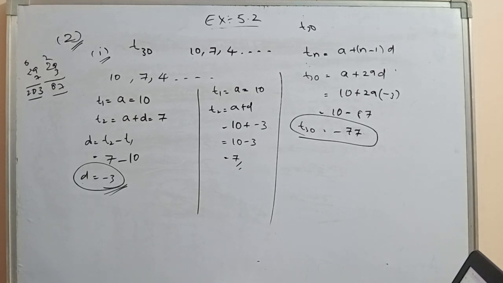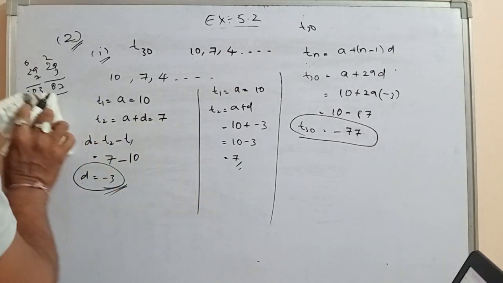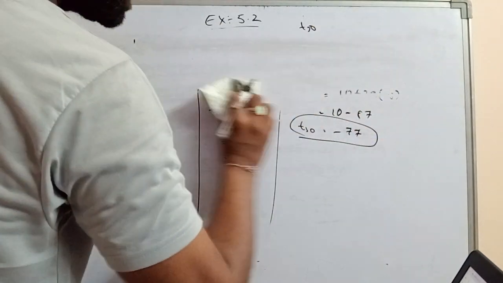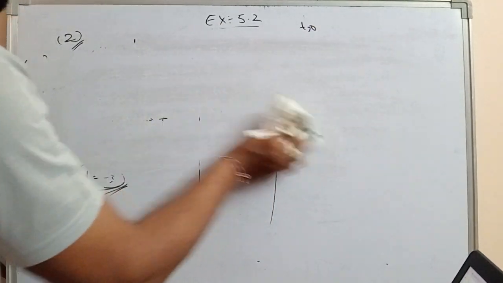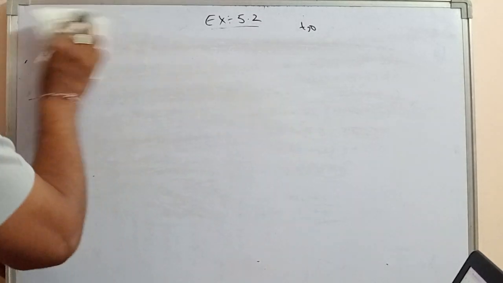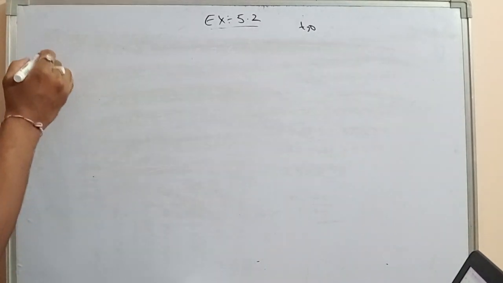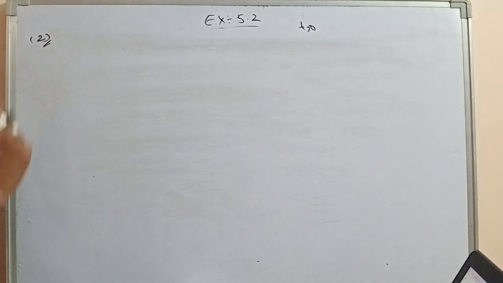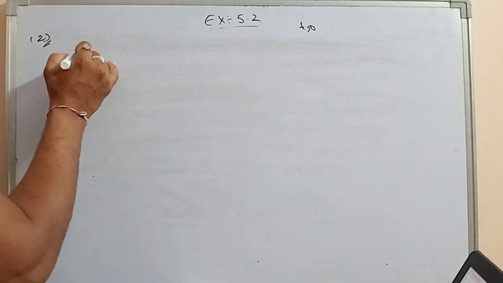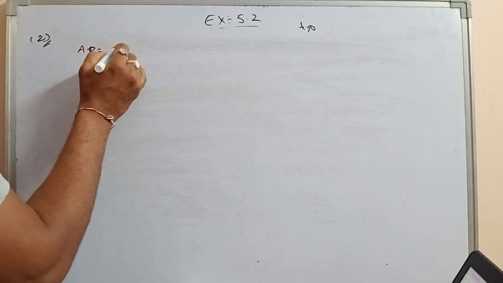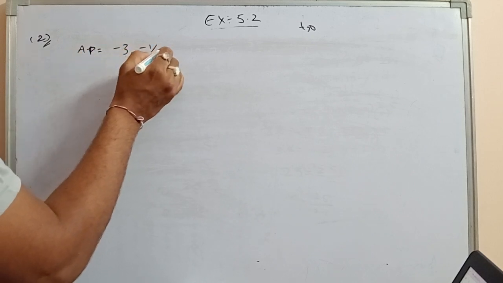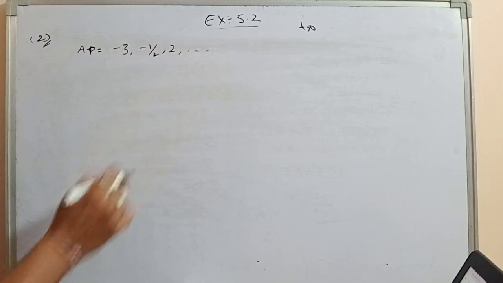So you get the second one. In the second one, it is given that an arithmetic progression is given: minus 3, minus 1 by 2, 2, and so on.